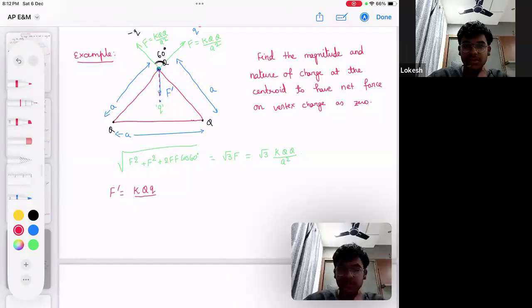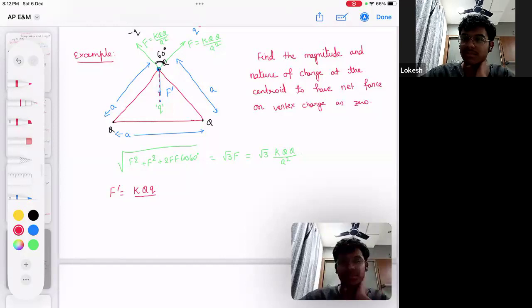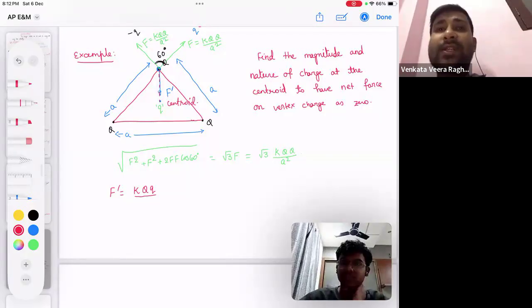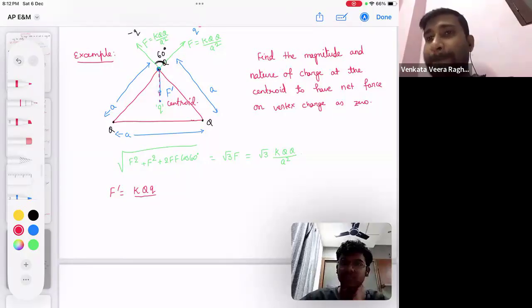The distance between, it will be root 3 by 4. Please tell me, all of you, what is the distance between the vertex and the centroid? This is the centroid. So what is the distance between the vertex and the centroid in an equilateral triangle?